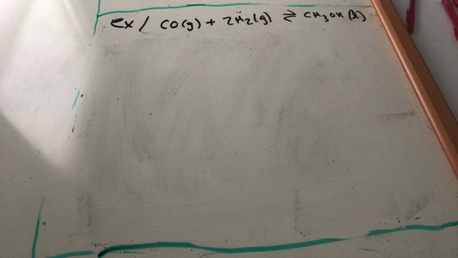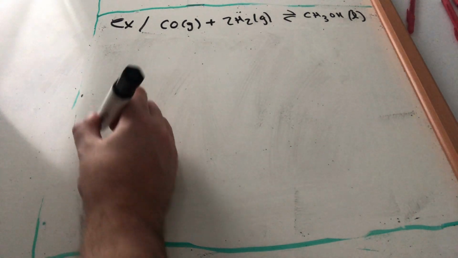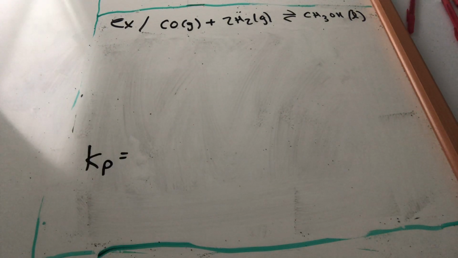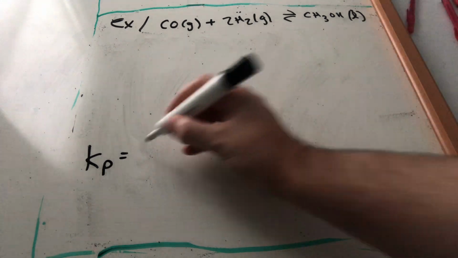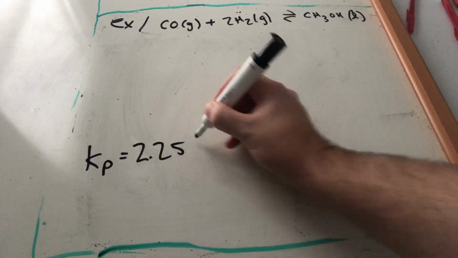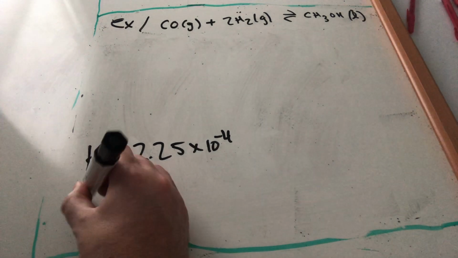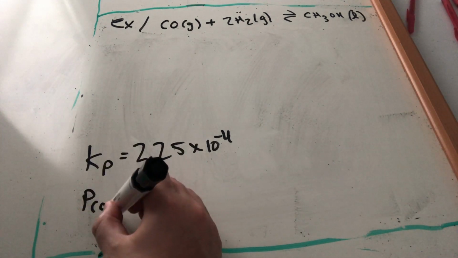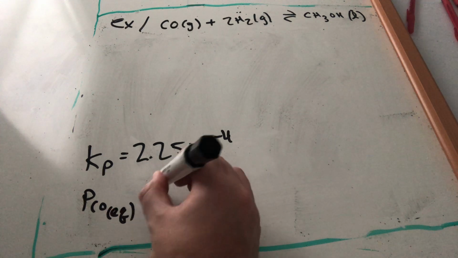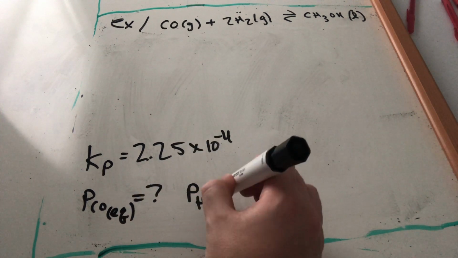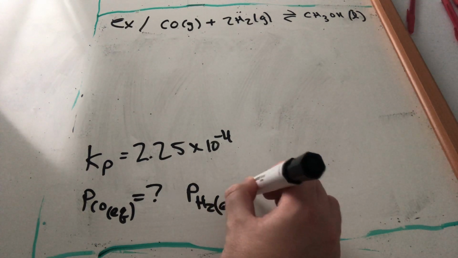And let's say that the only thing that I give you for this problem is that Kp is equal to 2.25 times 10 to the minus 4. And what I want to know is, what's the pressure of CO at equilibrium? And what's the pressure of H2 at equilibrium?